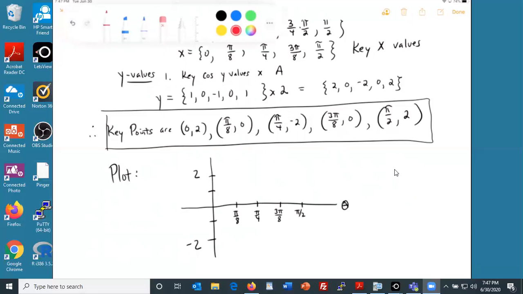Now we plot the points, 0, 2, pi over 8, 0, pi over 4, -2, 3 pi over 8, comma 0, and pi over 2, comma 2. There we go.